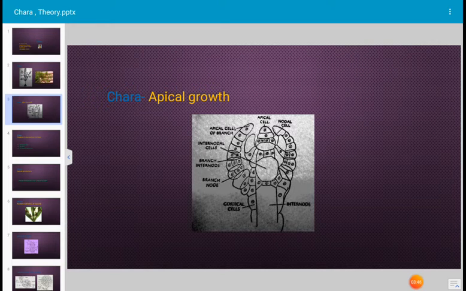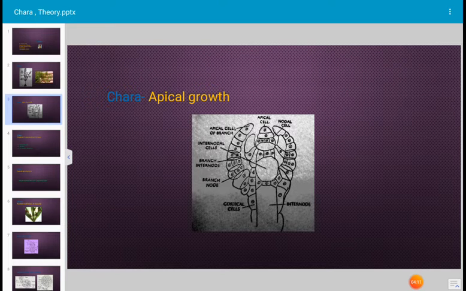It divides by successive transverse walls that cut off a longitudinal series of disc shaped segments. Each disc shaped segment further divides transversely into a biconcave upper cell which forms a nodal initial and a lower biconcave cell which gives rise to an internodal initial.